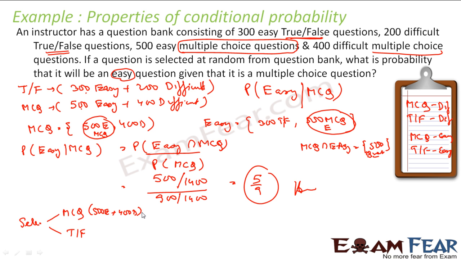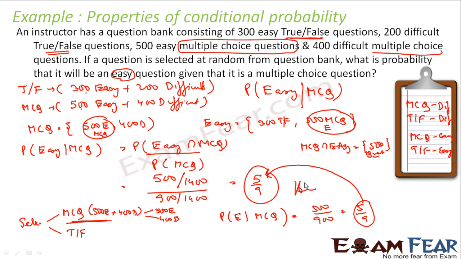So from this, I have 500 options of easy questions and 400 options of difficult questions. So the probability of an easy question in this case, given my condition is MCQ, because MCQ is my benchmark here, right? So I start from MCQ: 500 easy questions by total number of questions, 5 plus 4, 900.